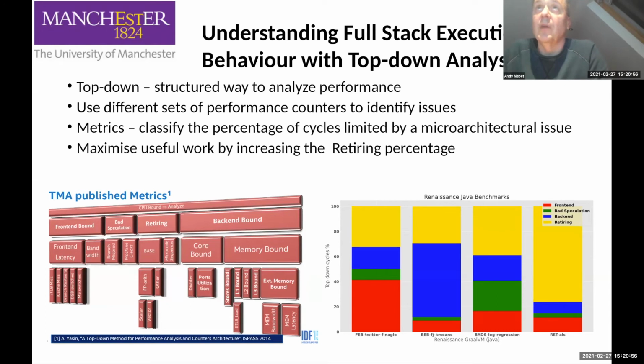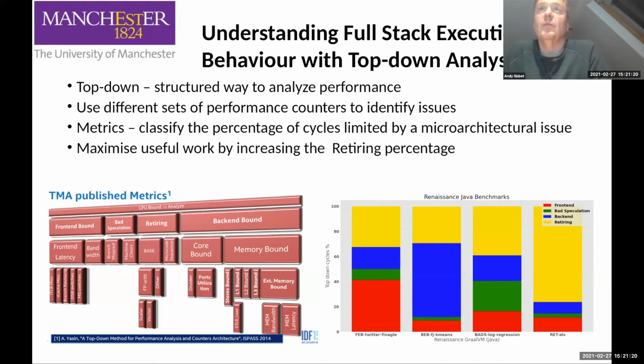Back-end bound represents the fraction of slots where micro-operations cannot be delivered due to a lack of resources in the processor back-end. And retiring is a really, really important fraction, as it represents the fraction of slots utilized by useful work. To emphasize, optimizing utilization of the microarchitecture means improving the retiring fraction.